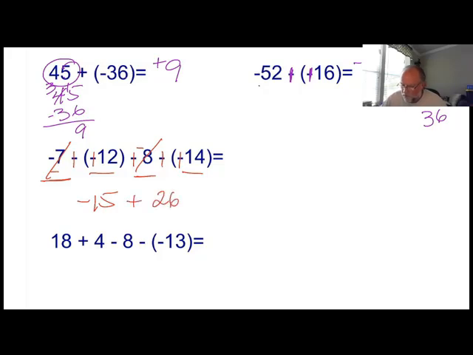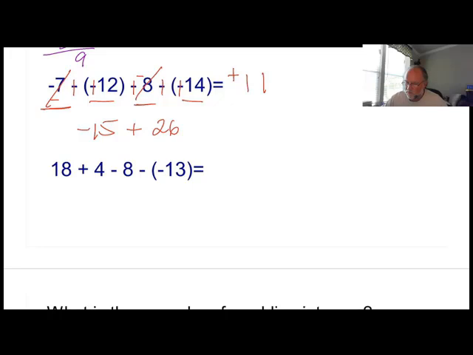Then I do one last addition problem. 15 and 26, my signs are different, so I subtract. I take the larger one, 26, and subtract 15 from it. 6 take away 5 is 1, 2 take away 1 is 1, and who has more? The 26, so it's a positive 11.